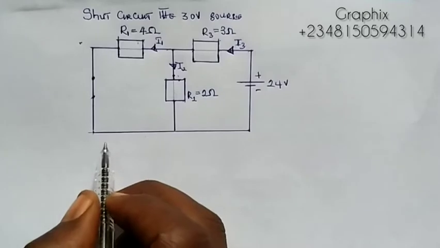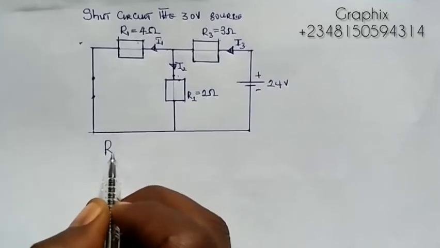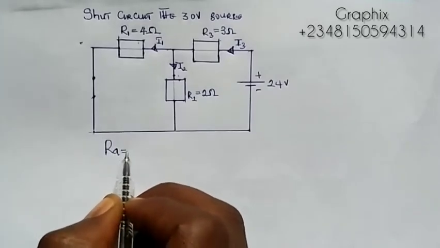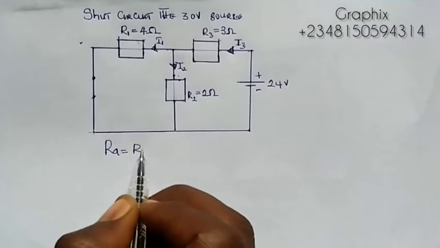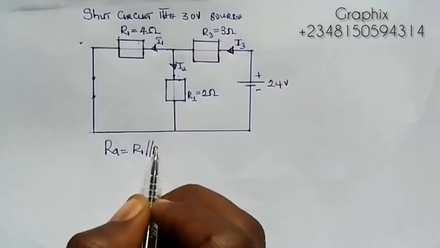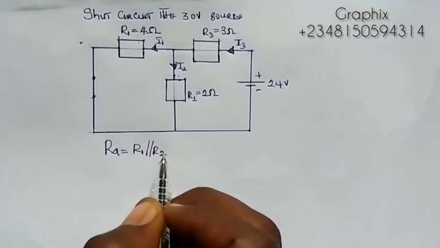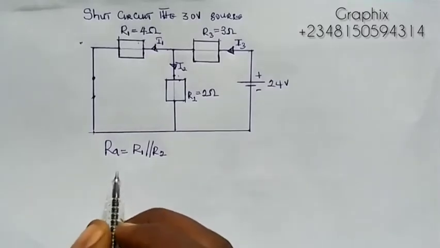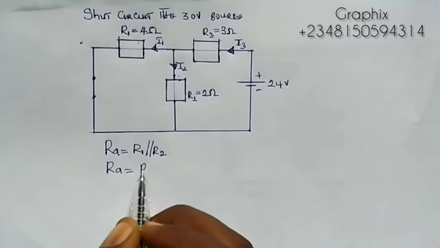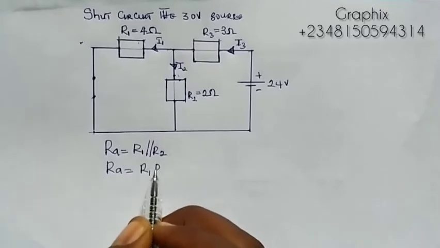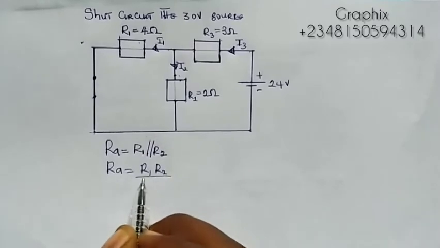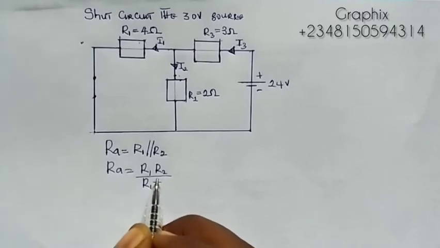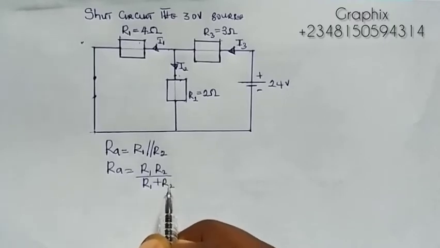So you write that RA is equals to what? R1 parallel to R2, and that will be RA equals to R1 R2 all over R1 plus R2.